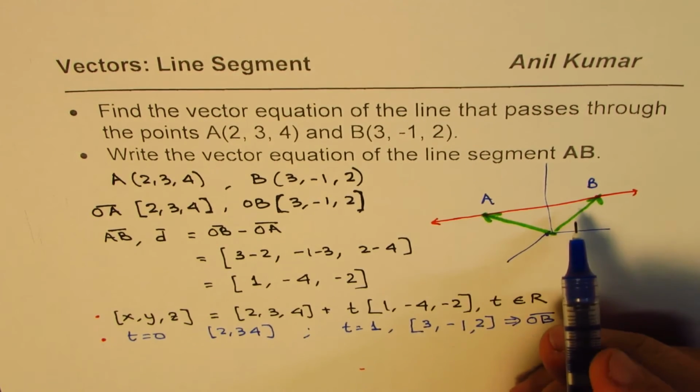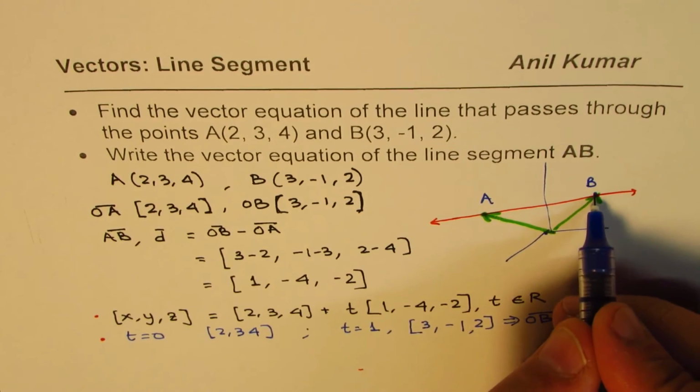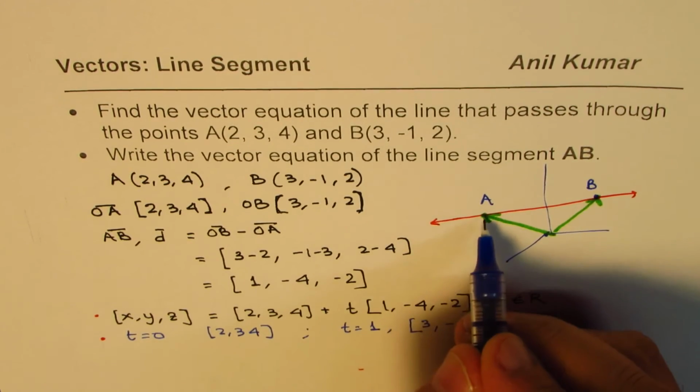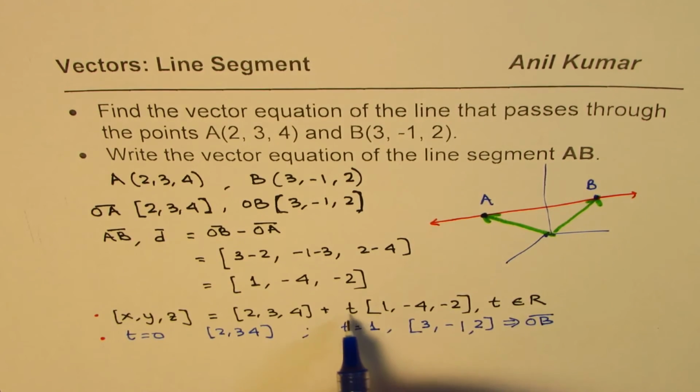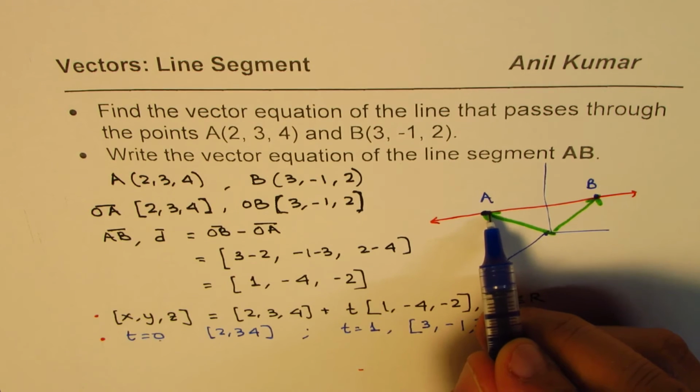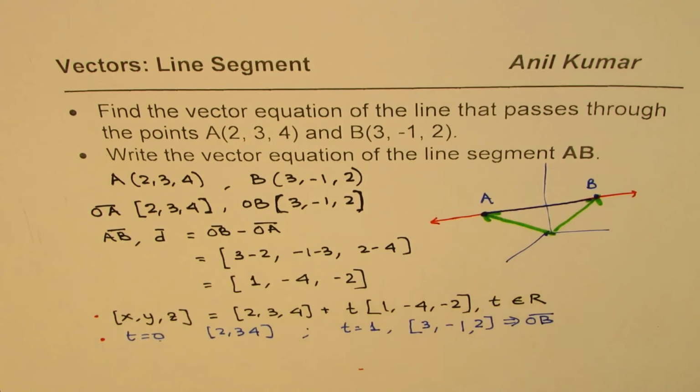So that really means that t equals 1 is this point, t equals 0 is this point. So the parameter values between 0 and 1 represent the line segment AB. You get an idea, right?